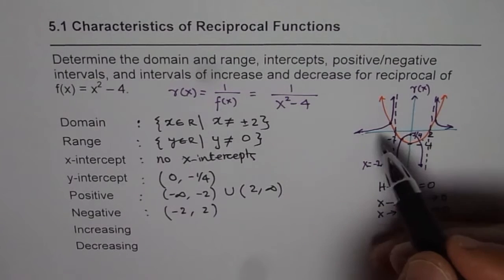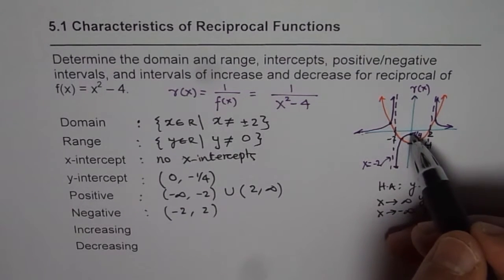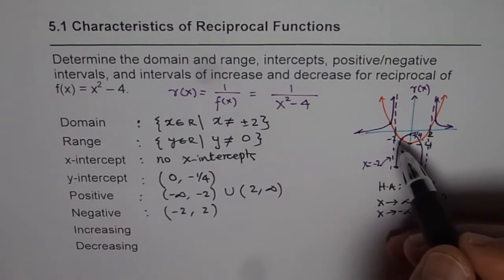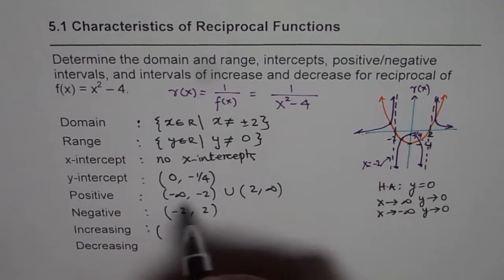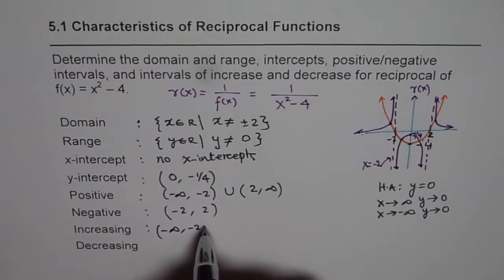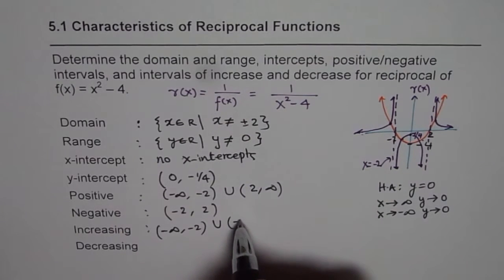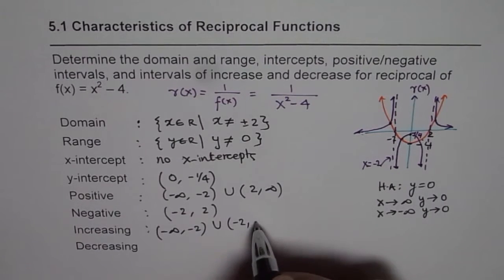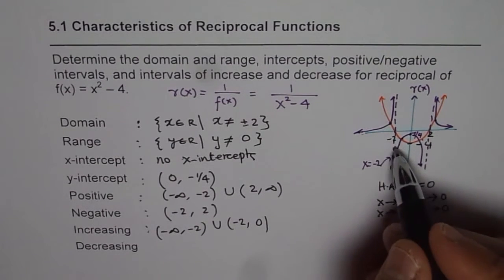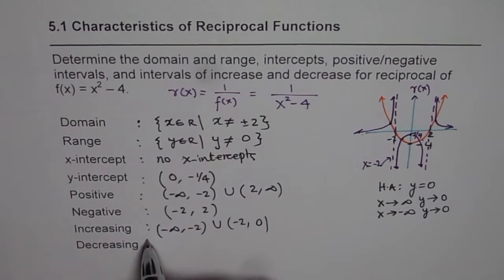Increasing. The graph is increasing in this interval, right? It is increasing here also. Do you see that? So the graph is increasing from minus infinity to minus 2, and then from minus 2 to 0, right? Remember, there is a discontinuity in between, therefore we have to split it like this. And where is the graph decreasing?